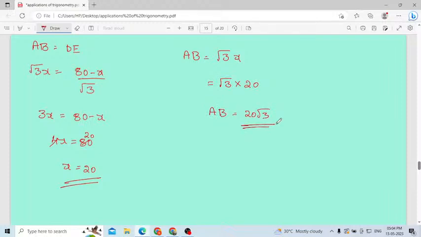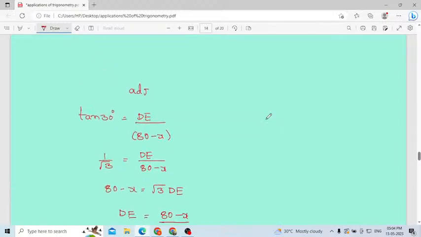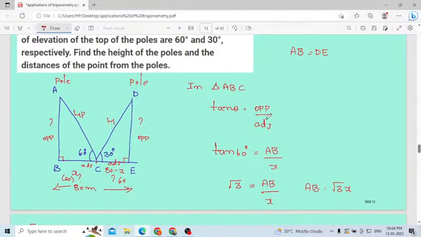The height of the poles, you can consider this also, this also. Even DE you can consider, substitute the value of x, in that also you will get the same value. Consider the easy one, why waste the time. Consider the easy one, that is 20 root 3. Therefore the height of the pole will be 20 root 3.